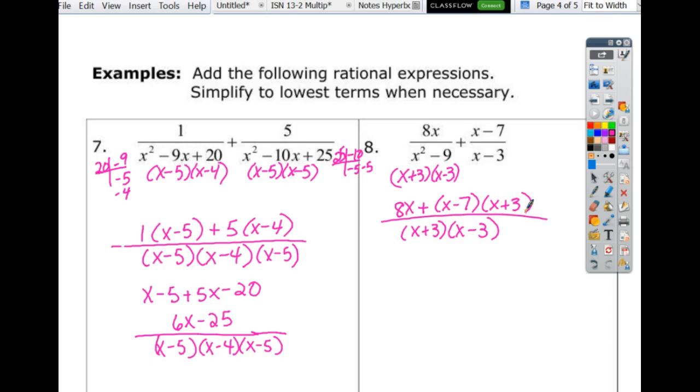All right, so what do I do now? You gotta multiply. Okay, so we have to distribute. It's going to be squared.